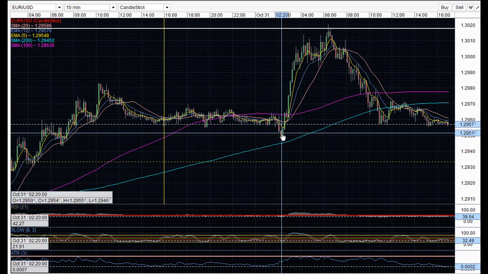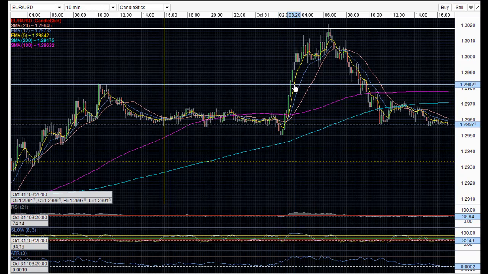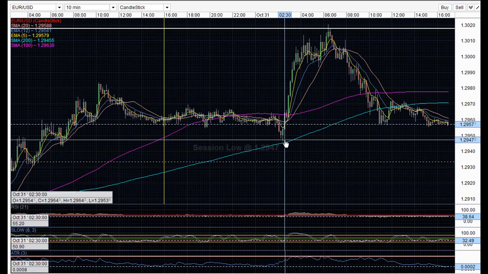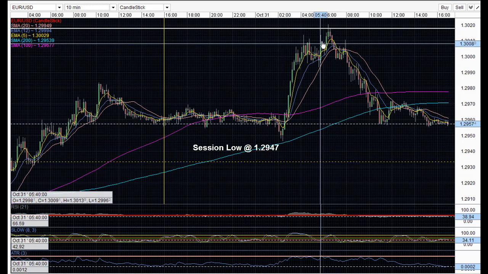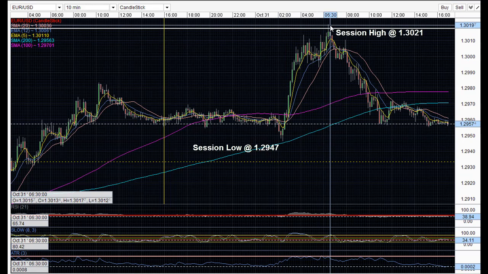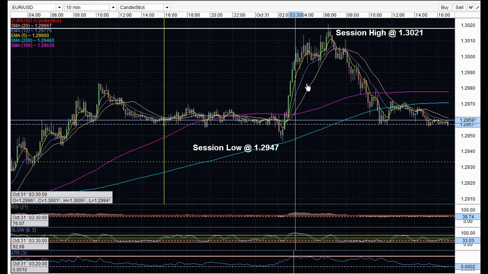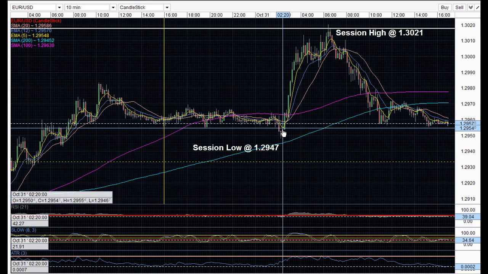This added risk appetite to the market, and we saw the pair rally from the session low here at 29.47 up to the session high here at 30.21, where it found resistance, and it created this 74 pip trading range for the day.